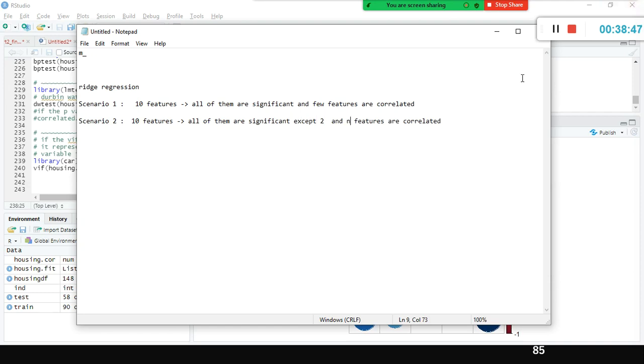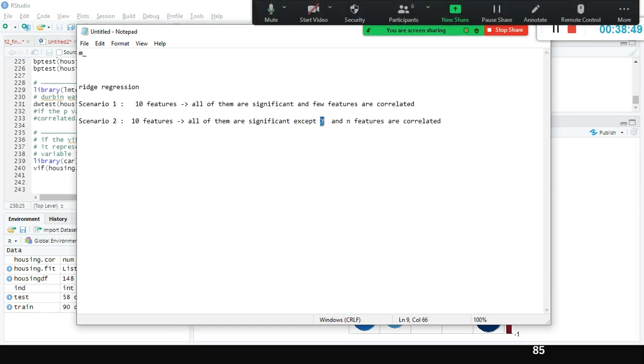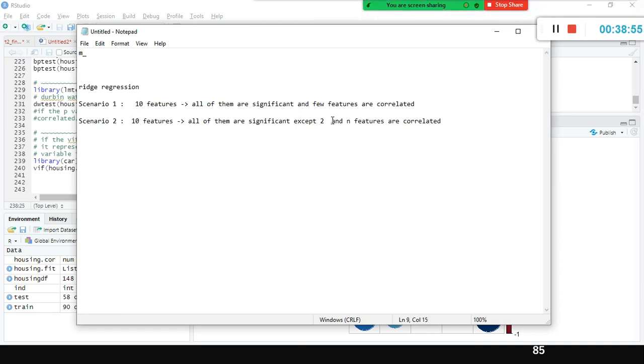So all of them are significant except 2. That means only 2 features are not at all significant and not correlated. Not correlated, but 4 other features are correlated.